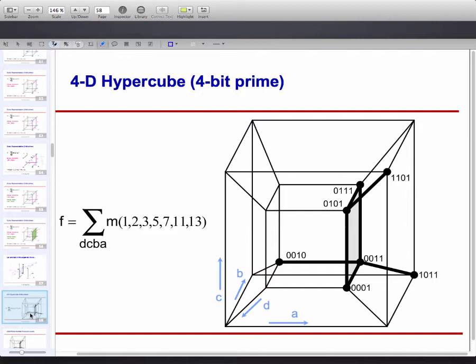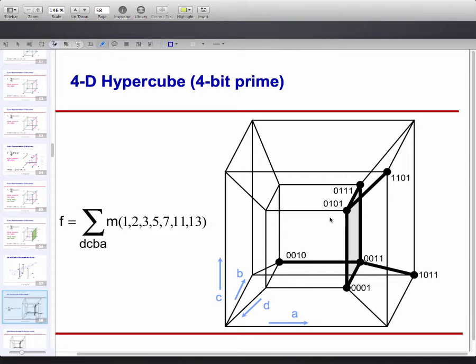Now, what happens if I have more dimensions? Just to show how things work out in a 4-dimensional function, this is back to our original function, 4-bit 1-or prime. In this case, my minterms that we are interested in are 1, 2, 3, 5, 7, 11, 13. Now, to draw this 4-dimensional thing, what we have is a cube inside a cube.